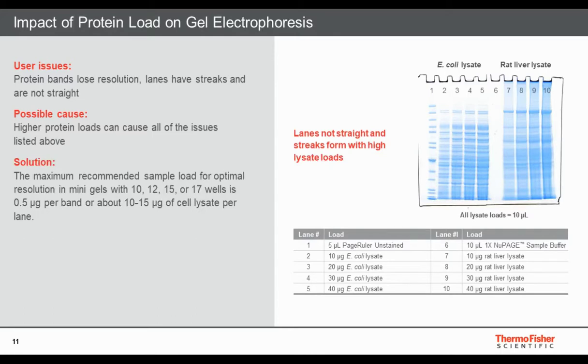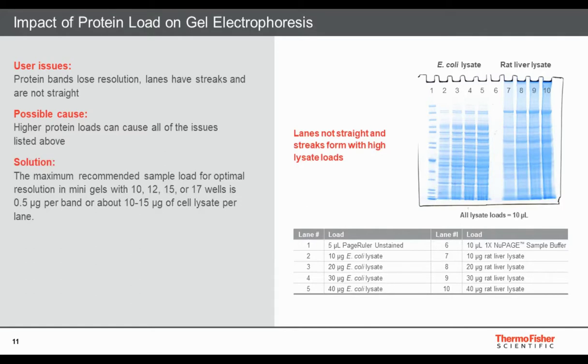Increasing rat liver lysate loads in lanes 8, 9, and 10 has a much more prominent effect on band resolution and streaking compared to E. coli lysates. This demonstrates that the maximum amount of protein loaded per lane will depend on your sample type.